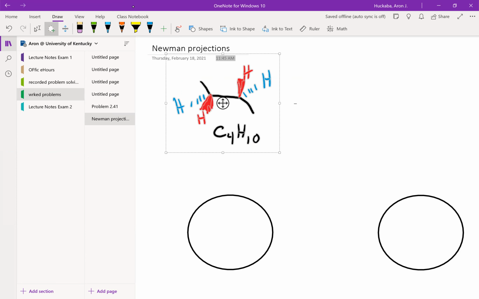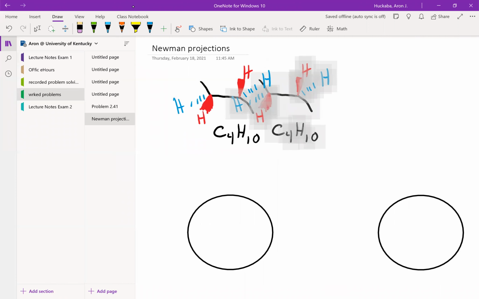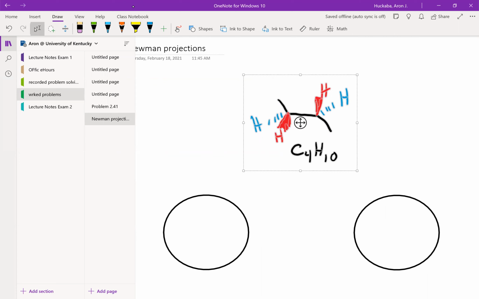And Newman projections work because what we're trying to do is show in 3D space that the molecule in question looks different depending on which carbon you're looking at relative to the other. So what does that mean?